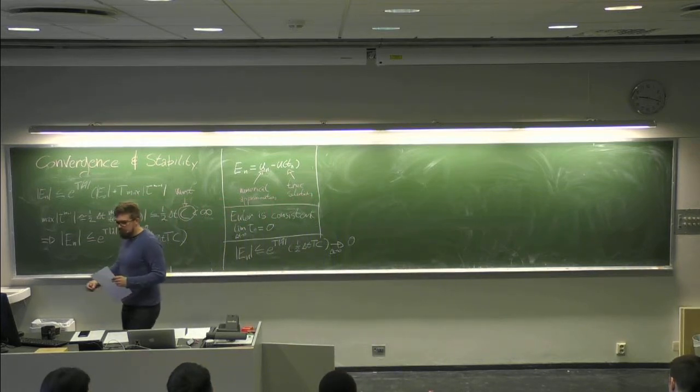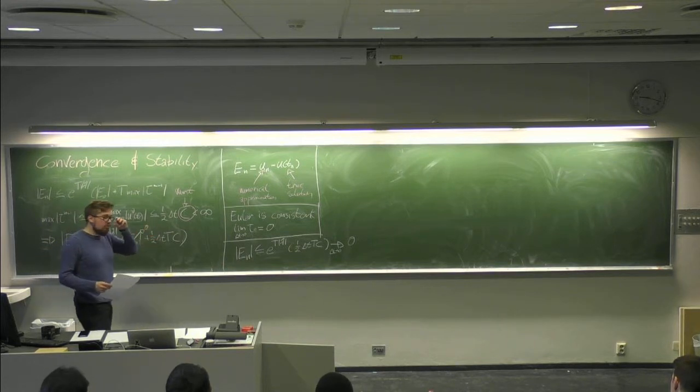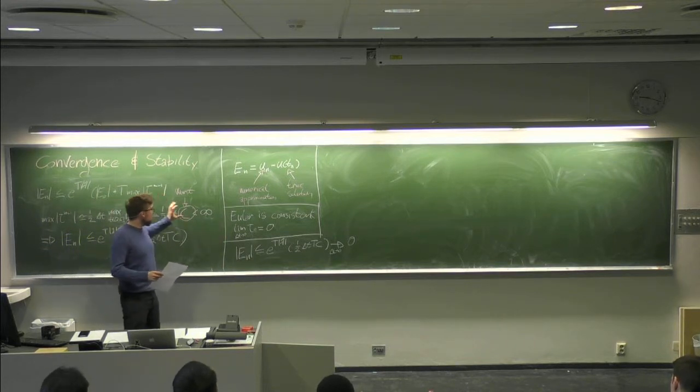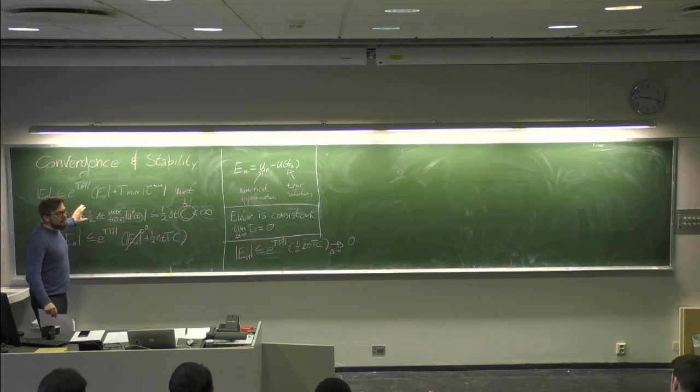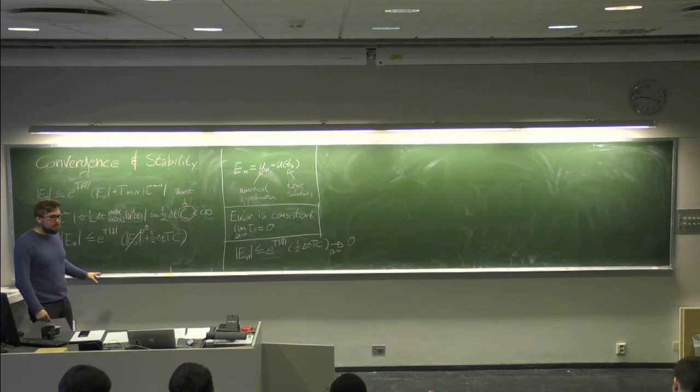So then we've proven that it's consistent. That's easy. We've used the proof of consistency in proving that it is convergent, and since it's convergent, it's also stable. Right?